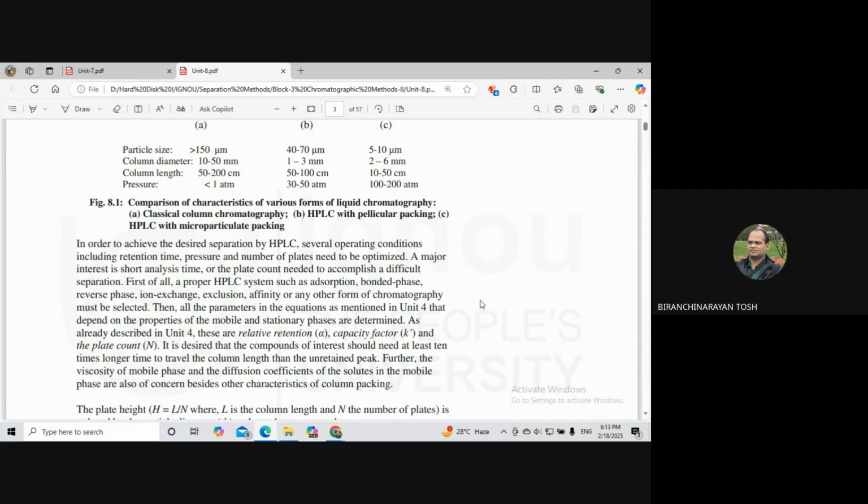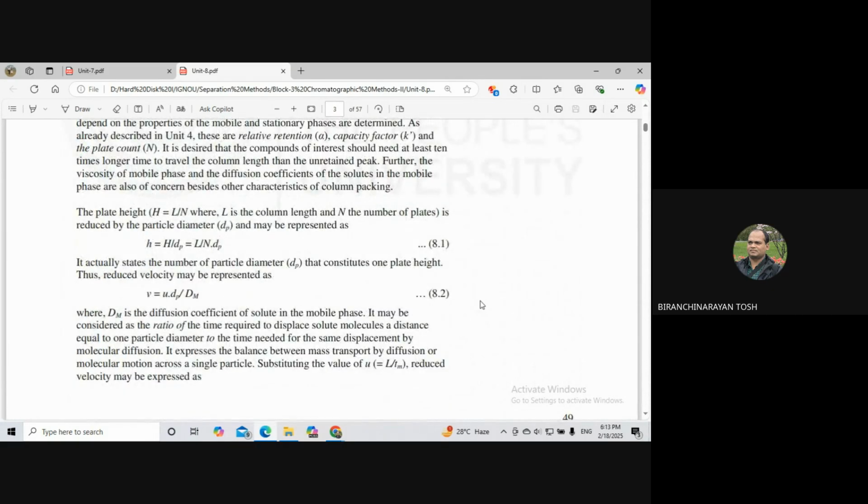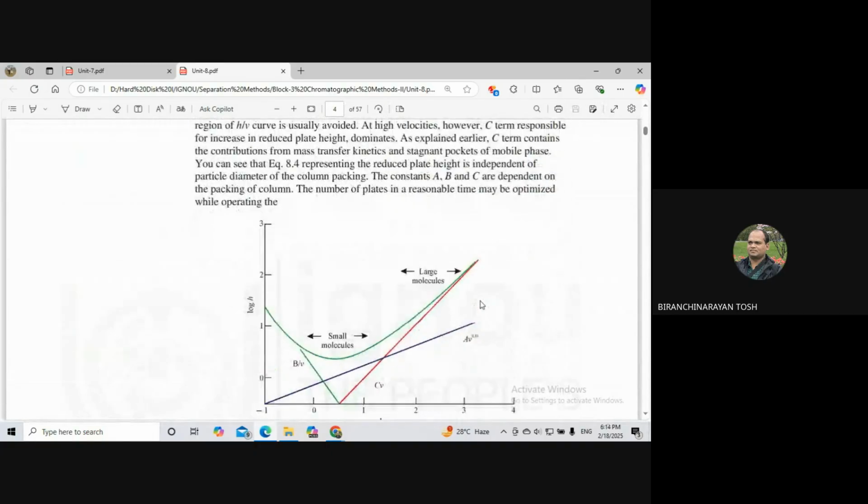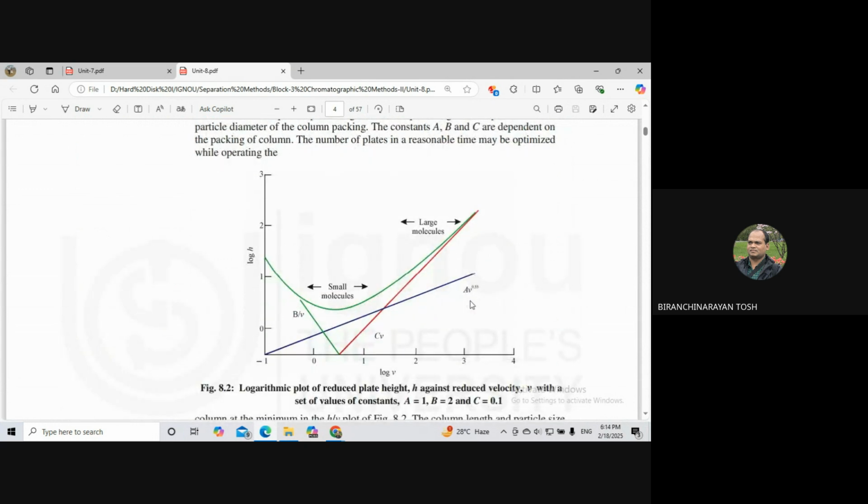First of all, a proper HPLC system such as adsorption, bonded phase, reverse phase, ion exchange, exclusion, affinity, or any other form of chromatography must be selected. So these are the equations that we have discussed, and remember all these things. So this is a logarithmic plot of reduced plate height against reduced velocity.